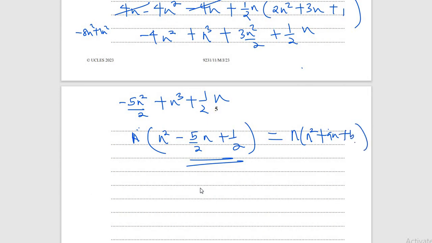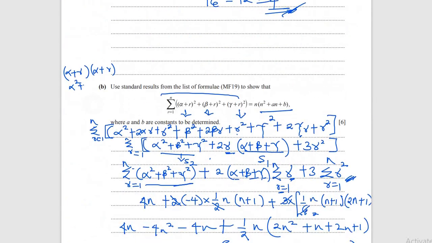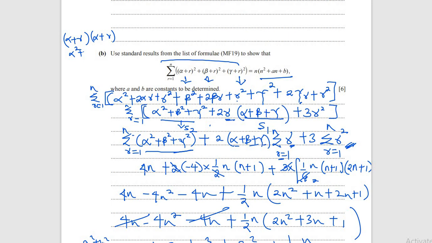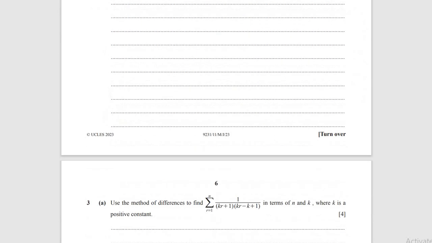So when you equate it, this n is outside the same position, n squared the same position, minus 5 over 2n is equal to an. N cancels n. So a is minus 5 over 2 and b is equal to half. I think this is what they asked us to do: use the standard result to show this, where a and b are constants to be determined, which we've determined.